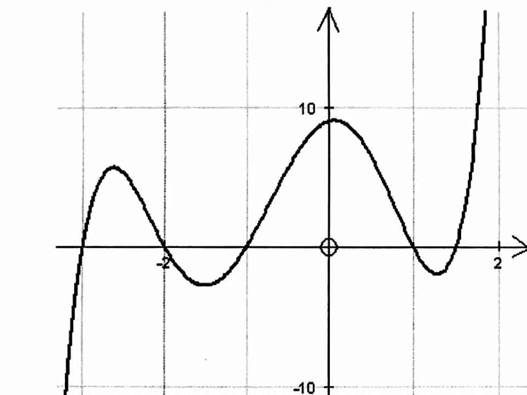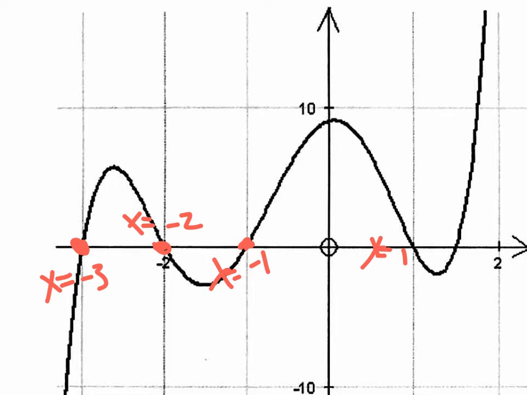It crosses right here at the value of -3. It crosses right here at the value of -2. Crosses right here at the value of -1. Technically, I should be saying the x value of -3, the x value of -2, the x value of -1, the x value of +1, right? That's another answer.